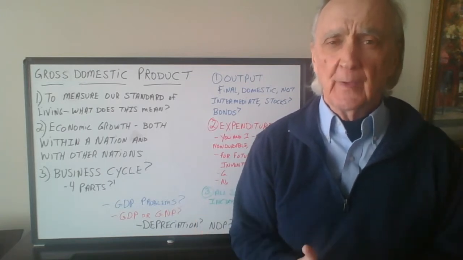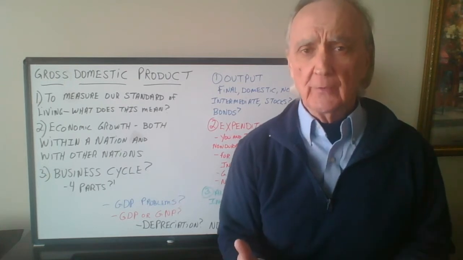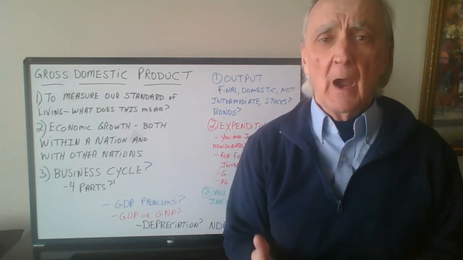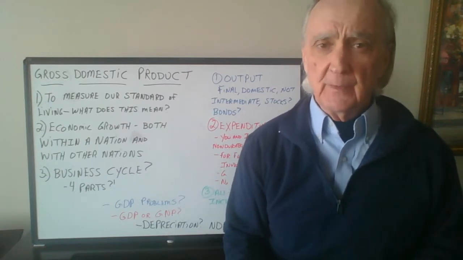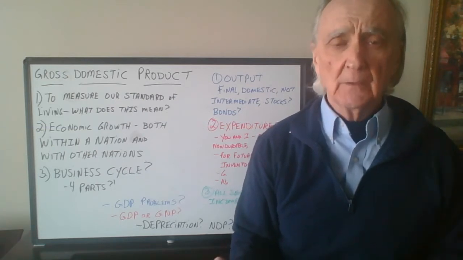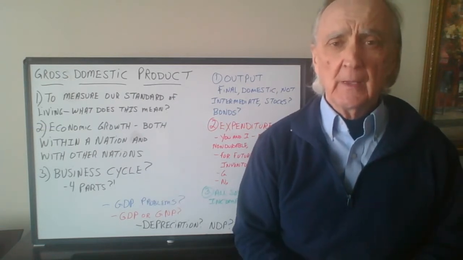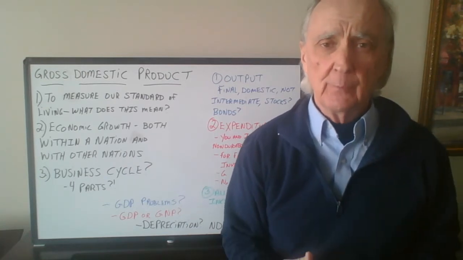So we have investment spending, and under that we also include inventories, because inventories are considered future sales. So we have investment spending, and we have government spending on goods and services, and then we have what they call net exports. We have our exports minus our imports.